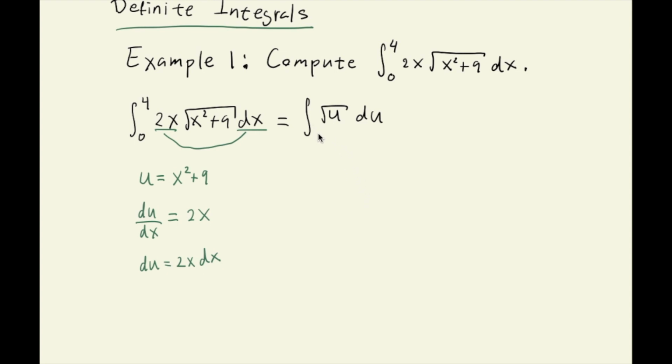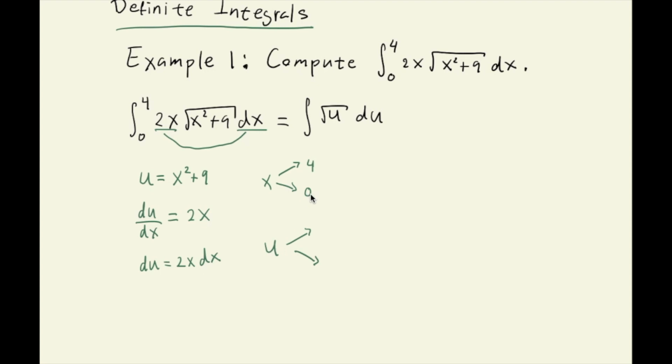But we still have to take care of what the bounds of the integral are. The original bounds are from 0 to 4, and they're going to change because you change the variables. The original variable x was ranging from 0 to 4. Now the new variable u is going to range between new values, and all you have to do is take the original bounds and plug them into your formula to see what u turns into.